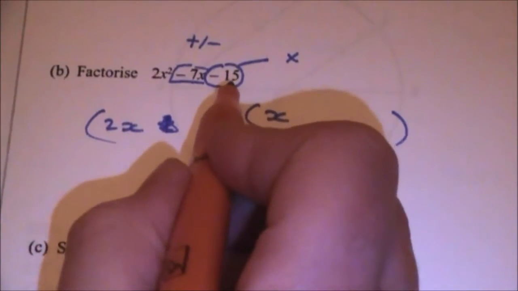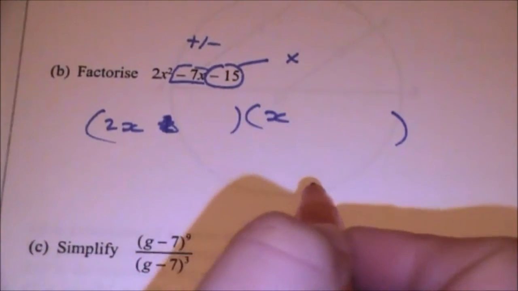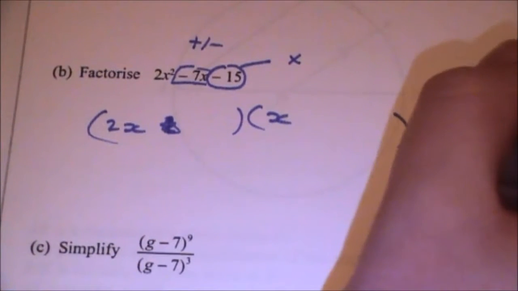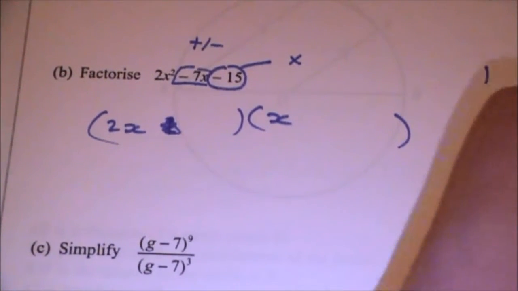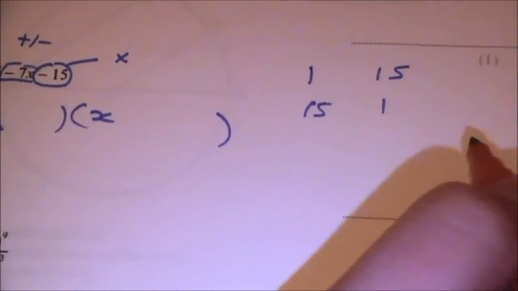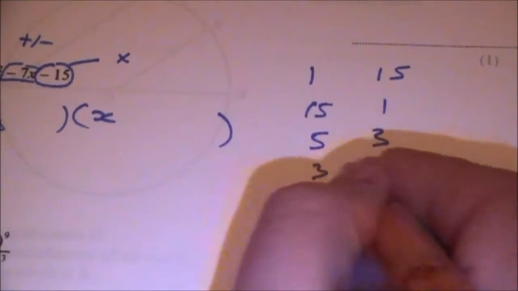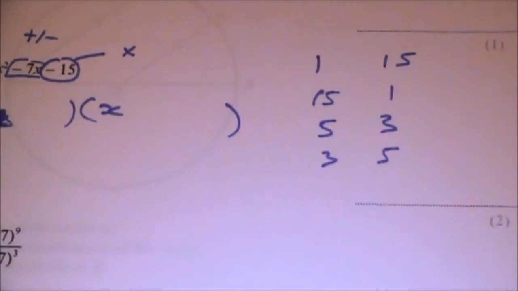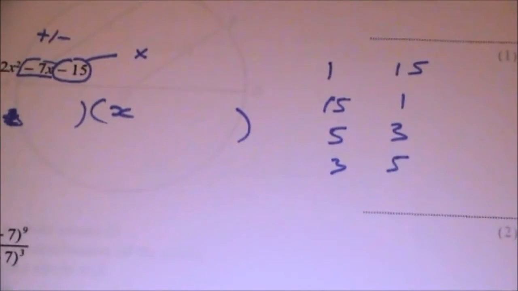I can identify the numbers. I need to get to 15. There's only 2 ways of getting to 15, and that's 1 times 15, which can also be written as 15 times 1, or 5 times 3, which can also be written as 3 times 5. So I've got to decide which numbers go in these spaces.